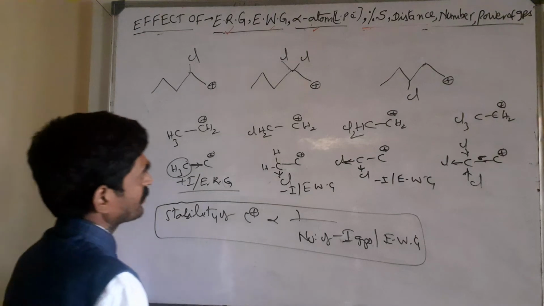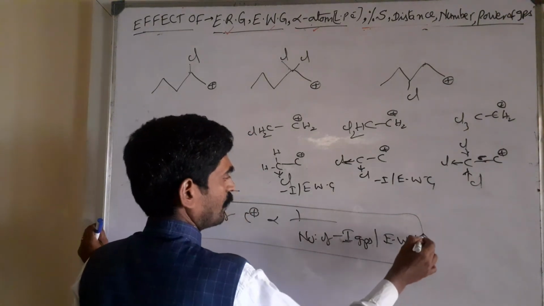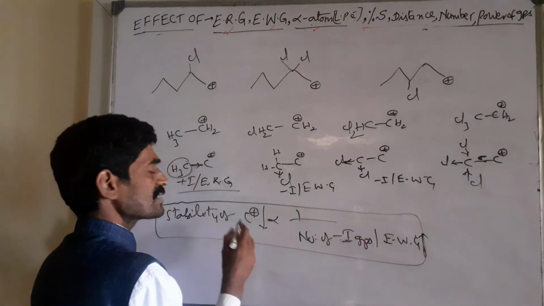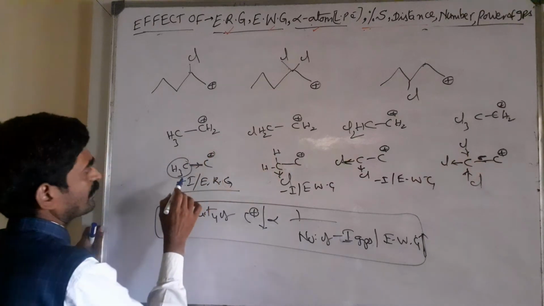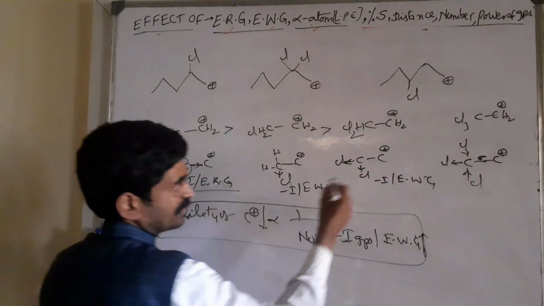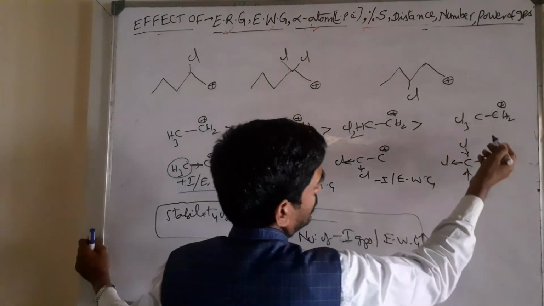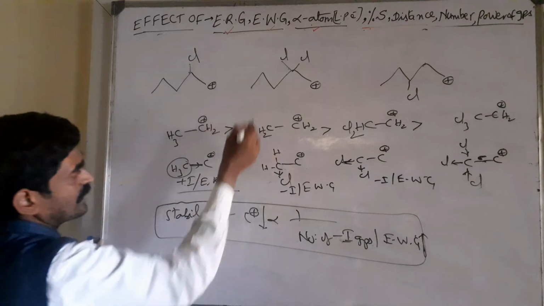That means as the number of withdrawing groups increases, the stability of carbocation decreases. With the releasing group it is more stable, with one chlorine it is more stable, then with 2 chlorines less, and with 3 chlorines it is highly unstable. This is the order. You have to apply this concept here.